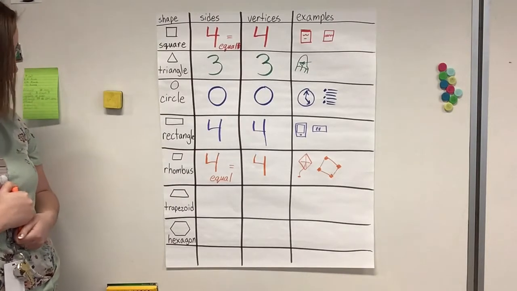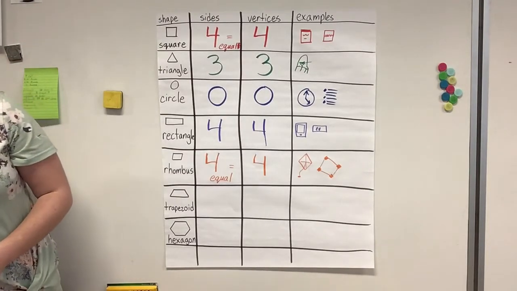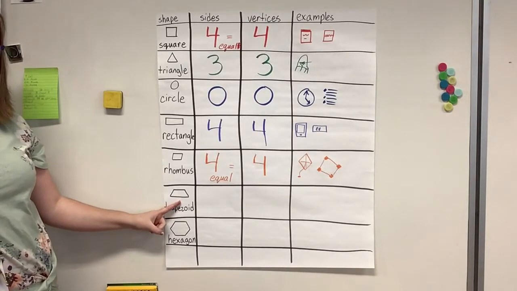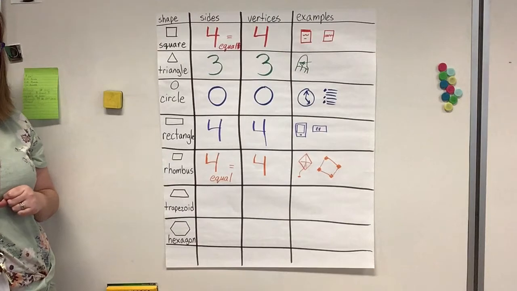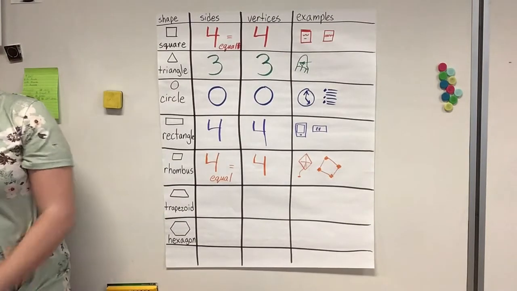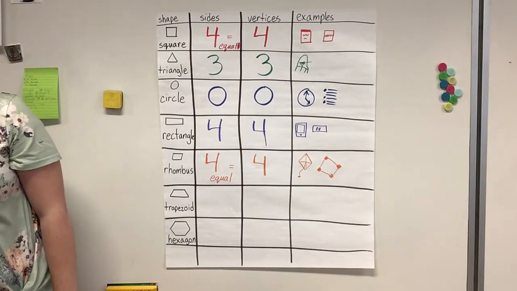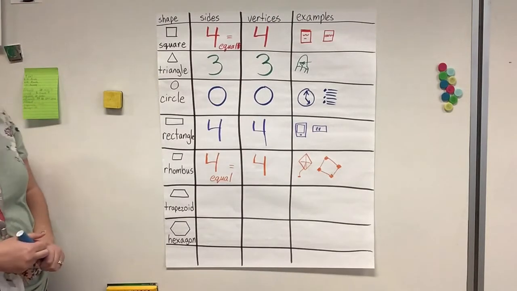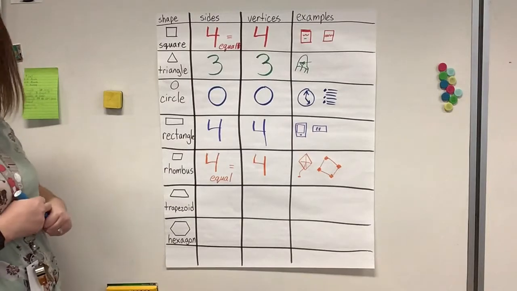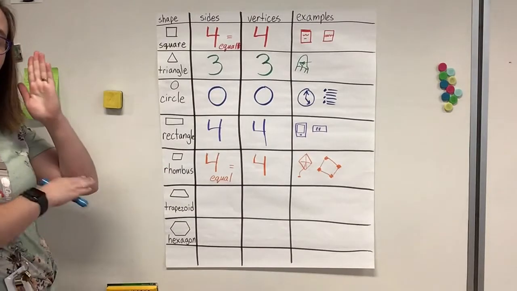So, good job, guys. Our next one, does anybody know what this one is? We've done this one a couple times in concept board. This one's a trapezoid. That's a fun word. Can you say trapezoid? Good job, trapezoid. So, remember, we're counting those straight sides.